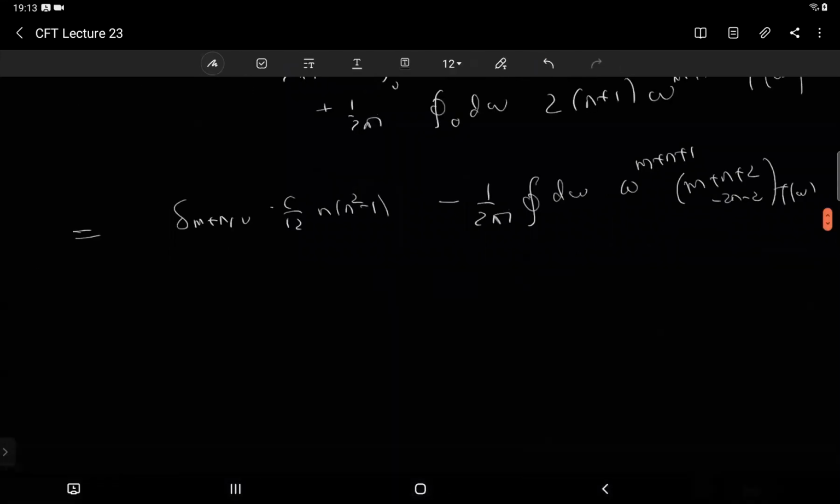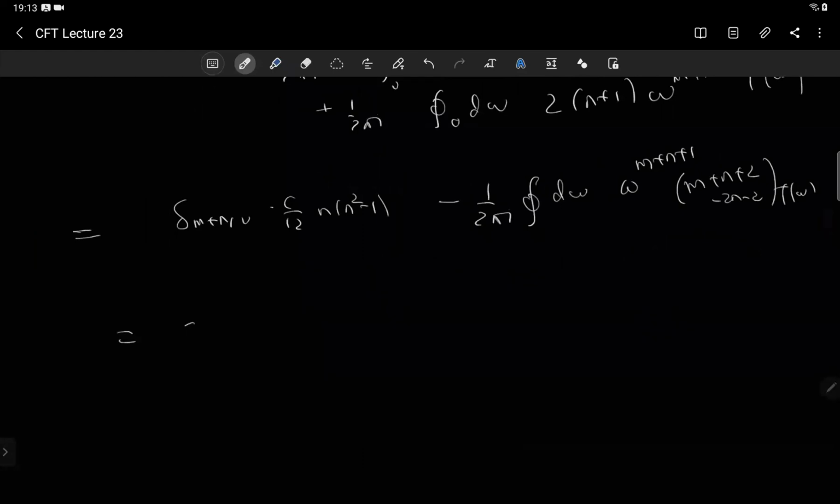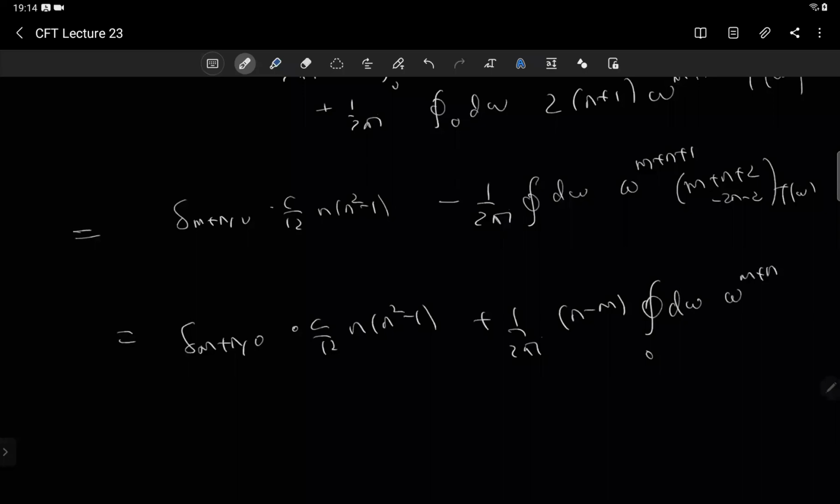So therefore I can write this as, this is equal to delta m plus n comma 0 times c/12 into n into n square minus 1 plus 1/2 pi I n minus m times d omega, omega to the m plus n plus 1 d omega, right? But what is this object?